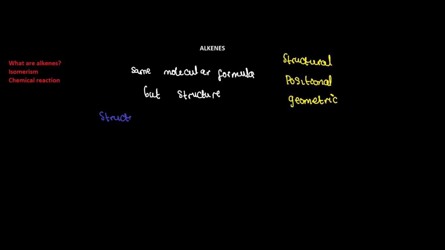Now, firstly, starting with structural isomerism, what exactly does this mean? Now, structural isomerism basically deals with how the atoms are arranged. So, the arrangement of atoms.